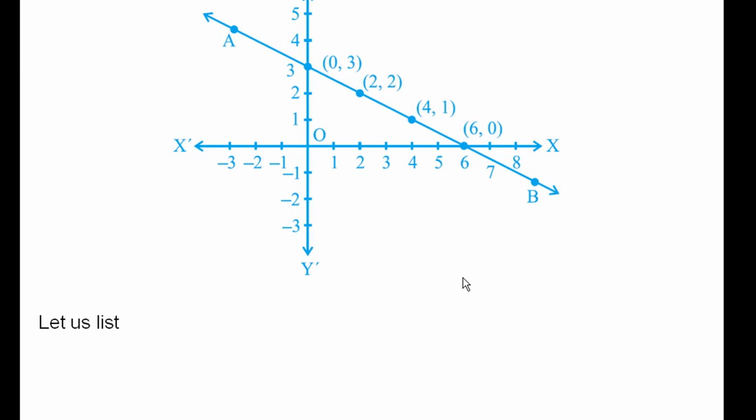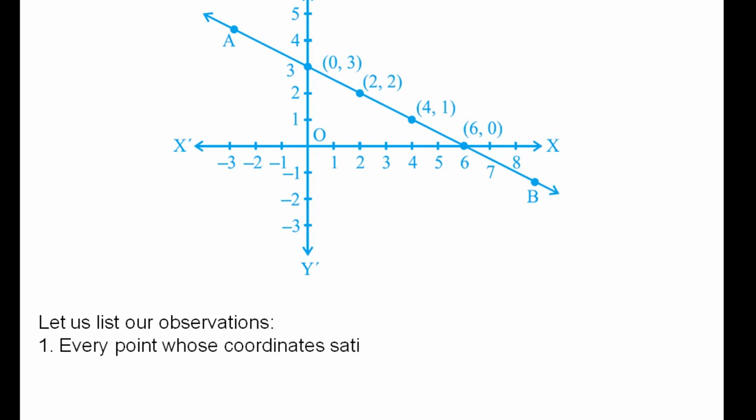After plotting these points on the graph, we will get some conclusions. Let us list our observations after plotting this graph. First, every point whose coordinates satisfy the equation lies on the line AB.